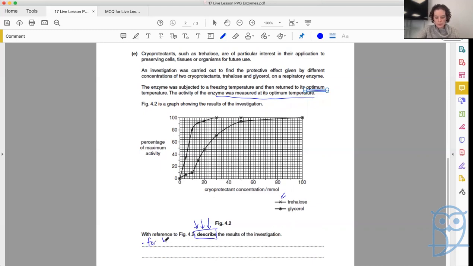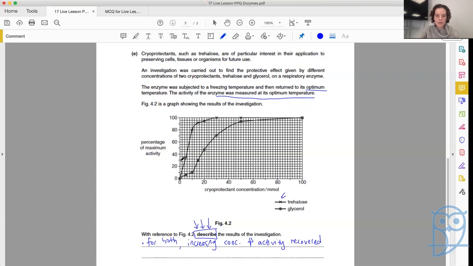So, for both, again, we're going to go for minimal bullet points to maximize information here. They're not necessarily in the same style that you would write in an exam. So both: increasing concentration increases activity recovered.